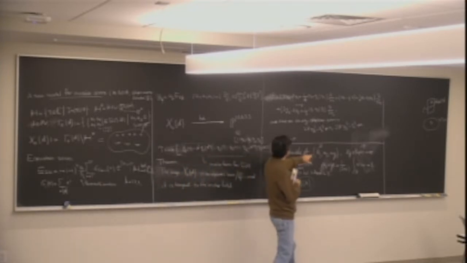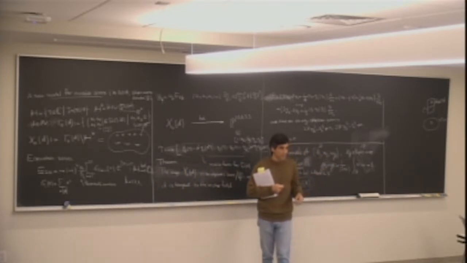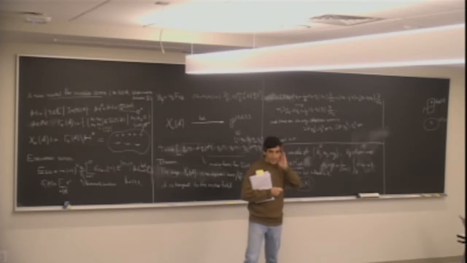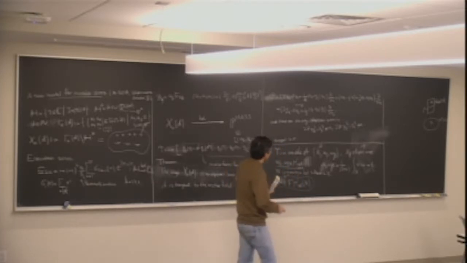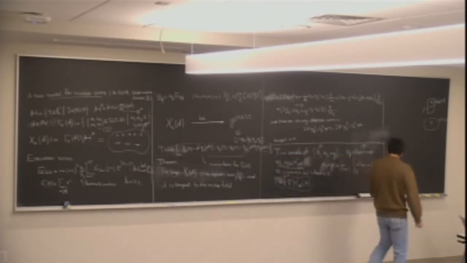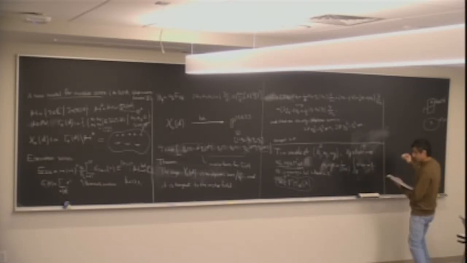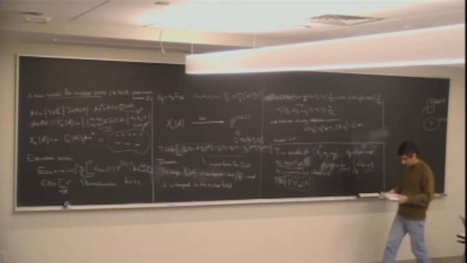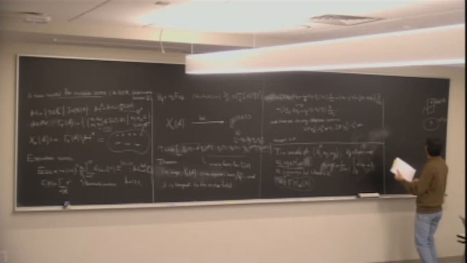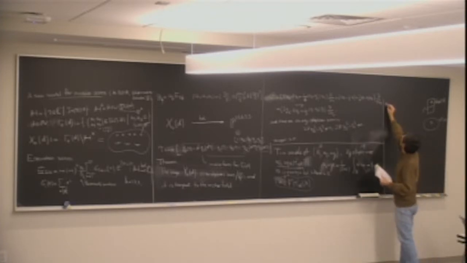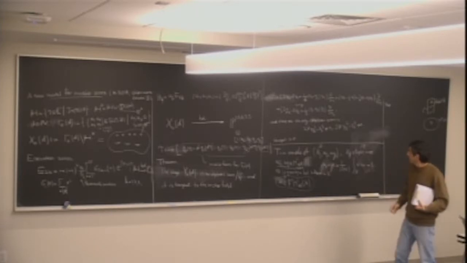And if you work it out a little bit, maybe I write it. If you work it out a little bit, you will find the following proposition. The good point is that you can construct a universal family.